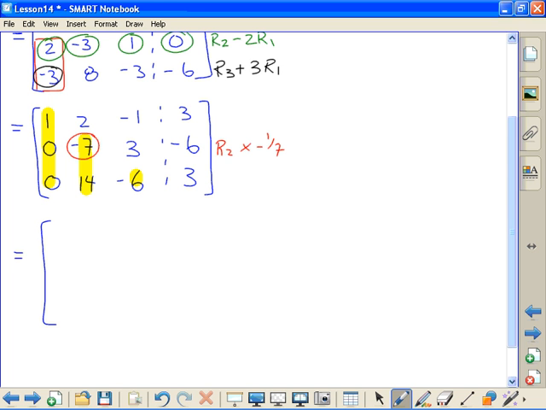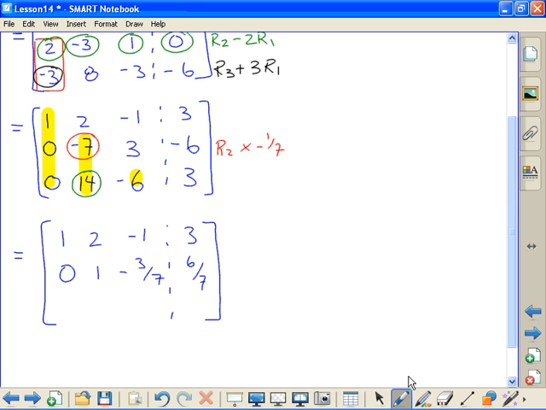So top row, again, it's never going to change for us once we've got a 1 started off. This one's going to be 0, 1, negative 3/7, 6/7.